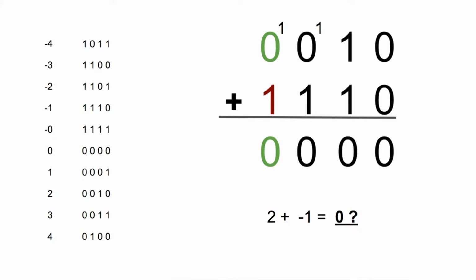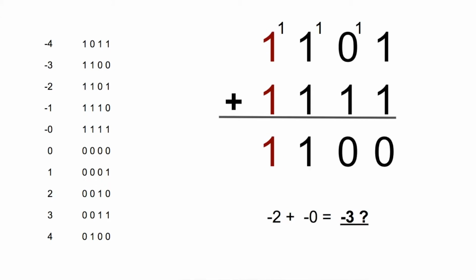How about 2 plus negative 1? Again, 0 plus 0 is 0, 1 plus 1, 0 carry the 1, 1 plus 1, 0 carry the 1 again, and 1 plus 1, 0 and ignore the carry, giving us this time positive 0, if there was such a thing, where we were expecting positive 1. So again, close but not quite.